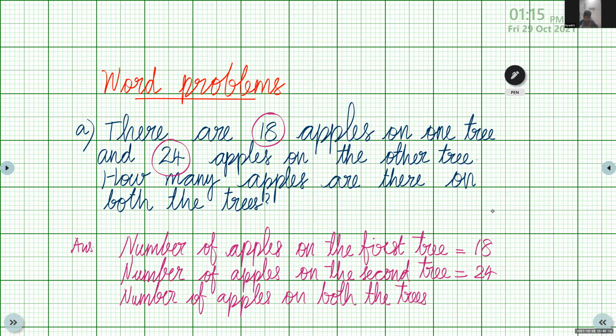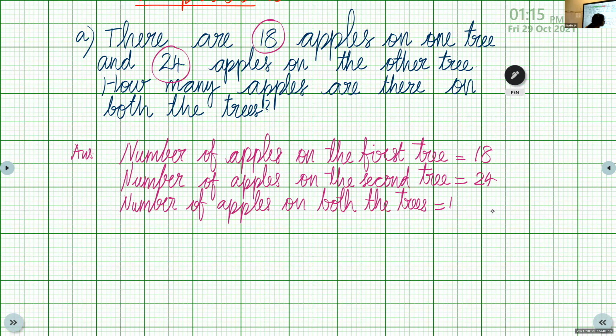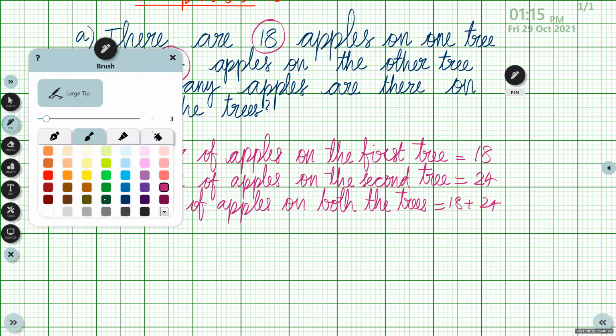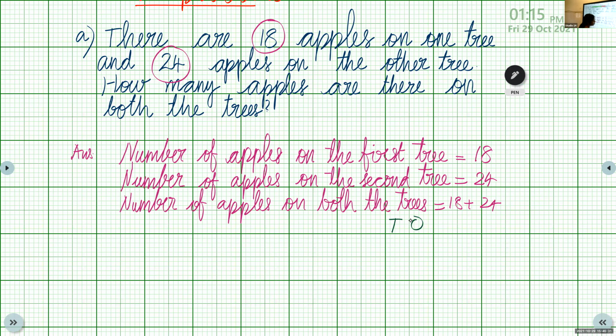So here we can see the numbers are two-digit numbers. So let's put the places first: tens and ones. Here the first number is 18. So let's write the first number 18. Then the next number 24.